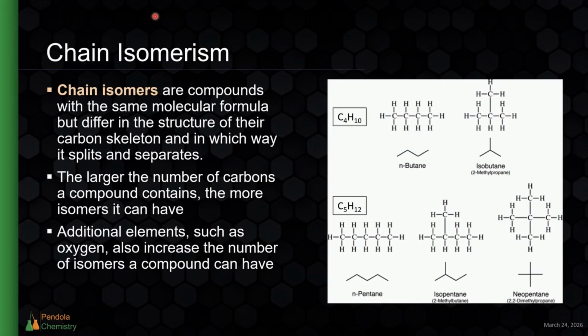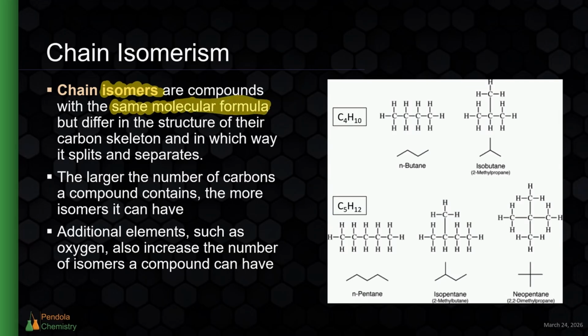Now, chain isomers are probably the most annoying whenever you get asked the question, draw all of the isomers for a structure. Chain isomers are annoying because they deal with the carbon backbone. So again, these are going to be isomers. So we are always going to have the fact that the compounds have the same molecular formula because they are, again, isomers.